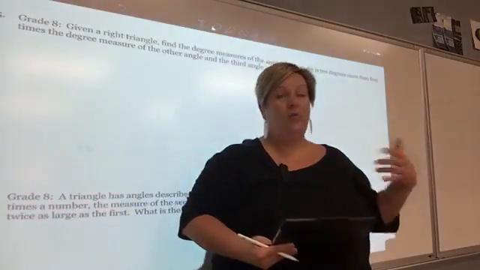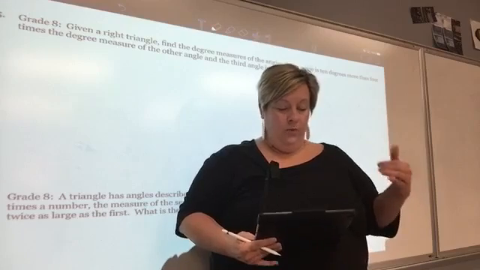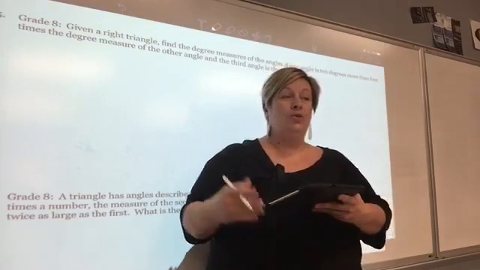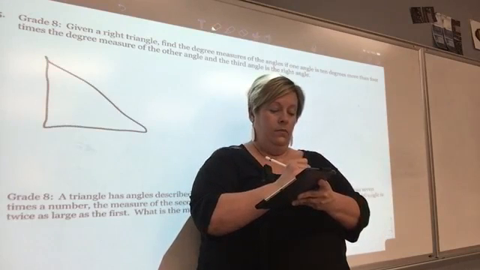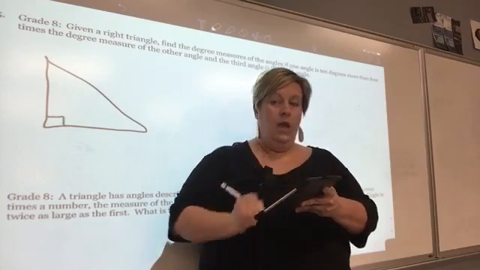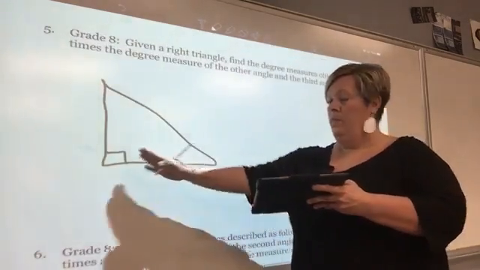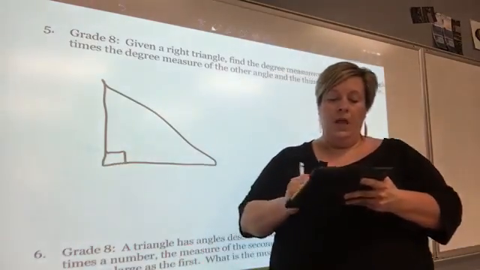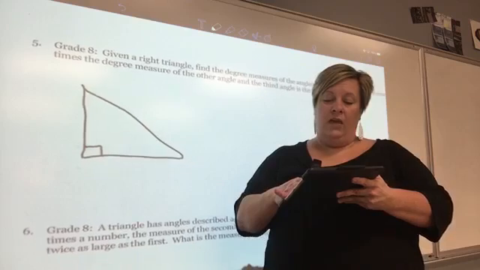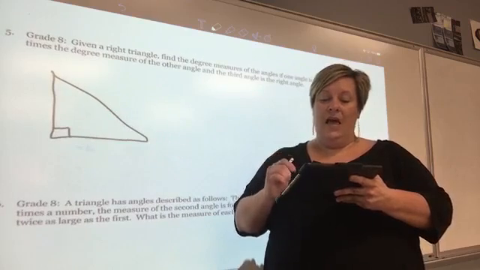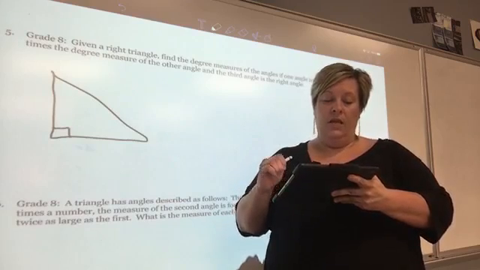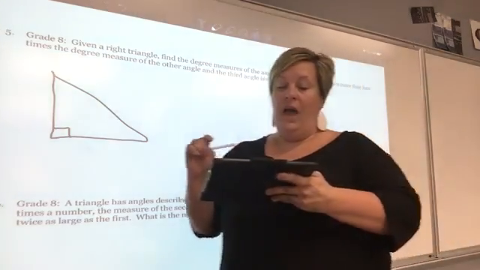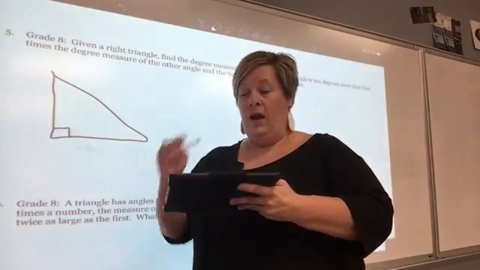Okay, so let's go back and read, draw, and write. So I'm reading, given a right triangle. I am going to draw my right triangle. And I know it is a right triangle by coding it as such. I want to find the degree measures of the angles if one angle is 10 degrees more than 4 times the degree measure of the other angle, and the third angle is the right angle.